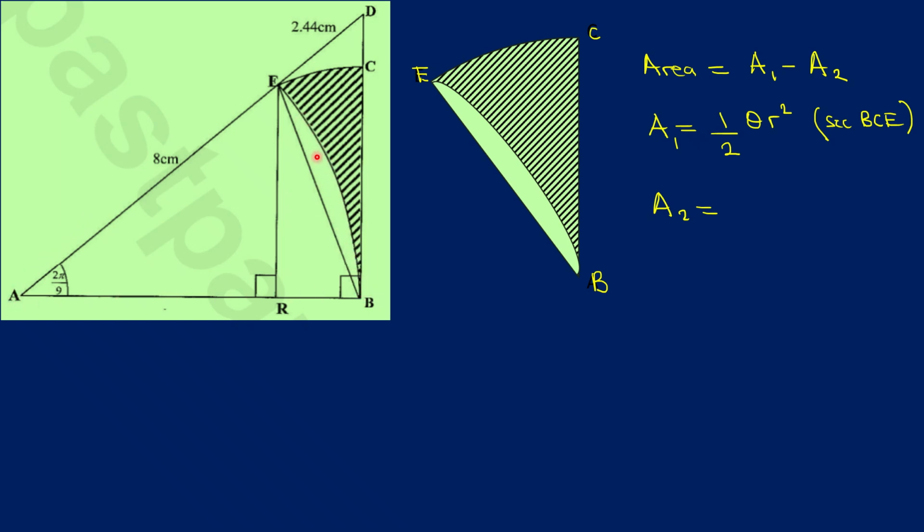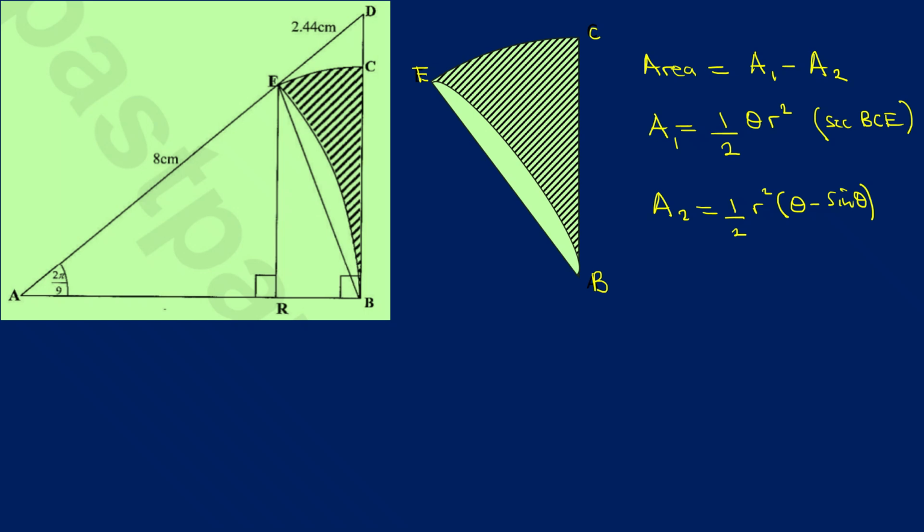But then this sector has got this segment. So now we need to know, how do you find the area of a segment? So the area of a segment, which we have said is area 2, is given by half r squared, open brackets, theta minus sine theta. This is the area of a segment.